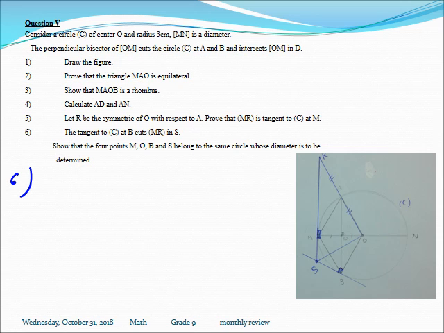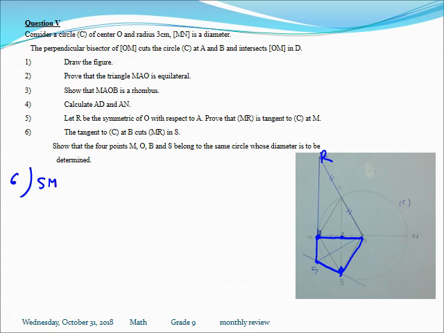Number 6. The tangent to C at B cuts MR in S. Show that M, O, B and S belong to the same circle, of diameter to be determined.